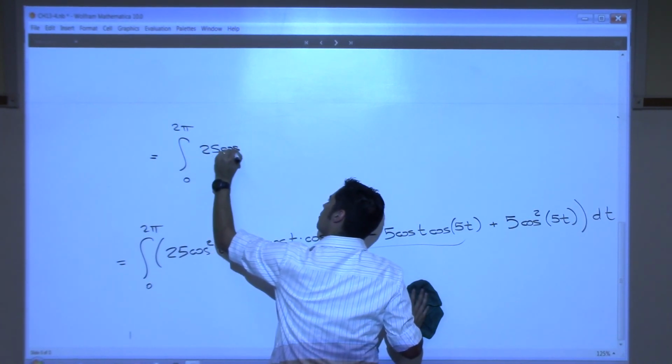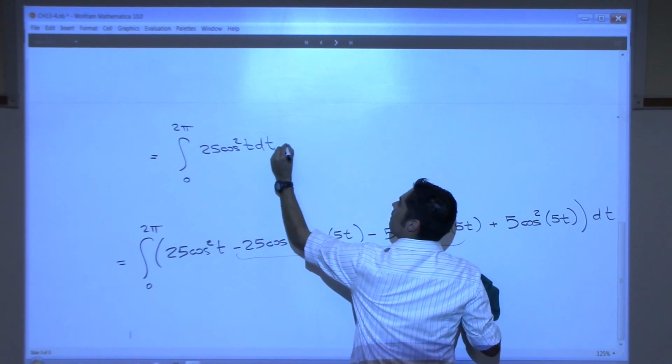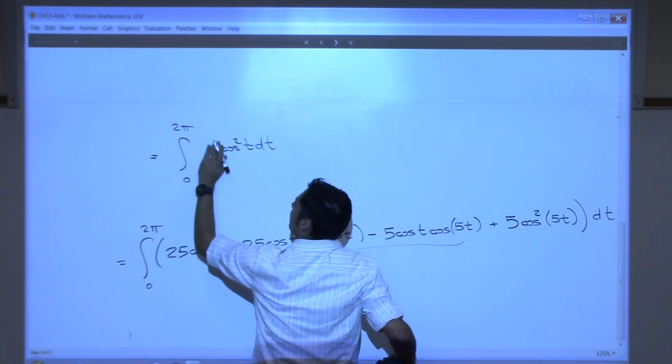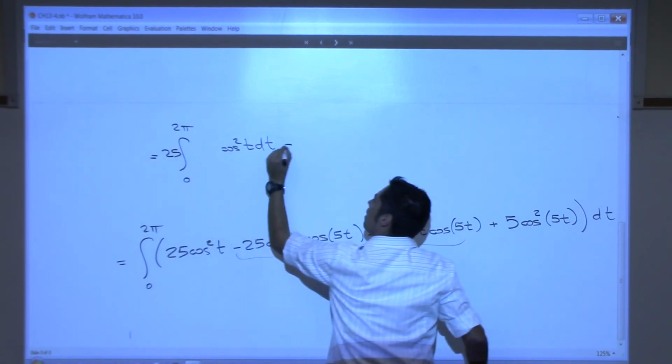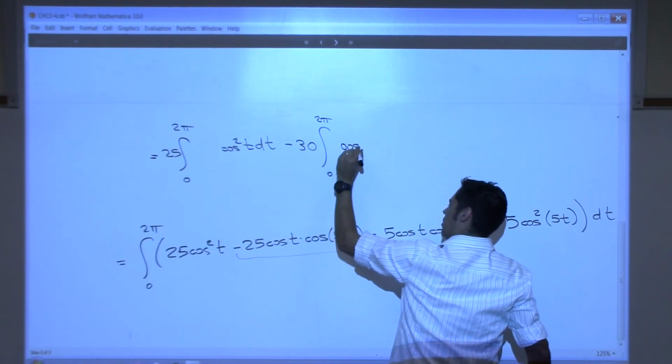What I think I'll do is I'll break these up into separate integrals. Plus, or I guess I'll do minus. Let me do this. 25 here minus 30. This is cosine what?